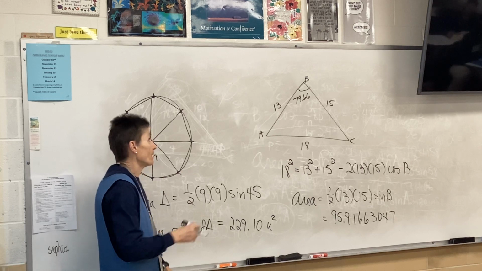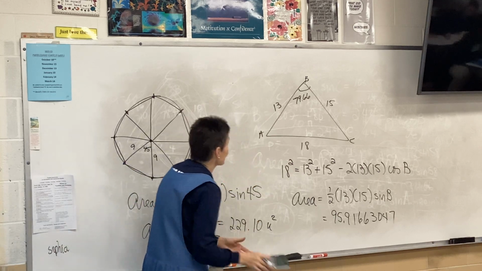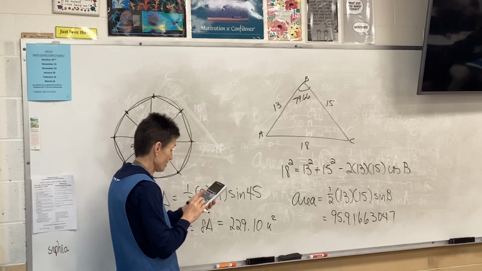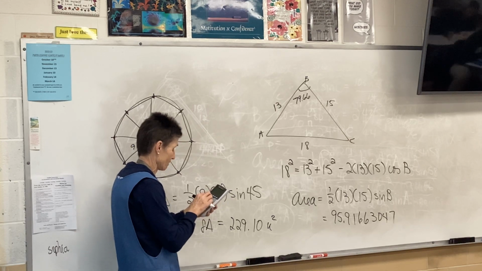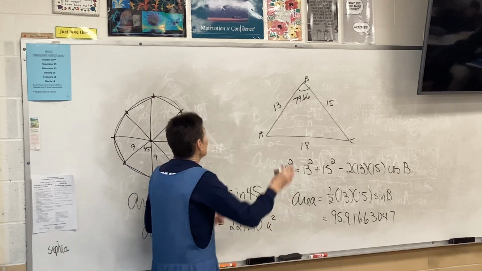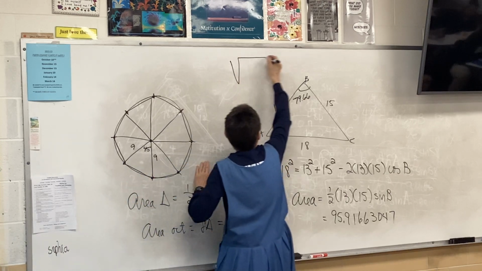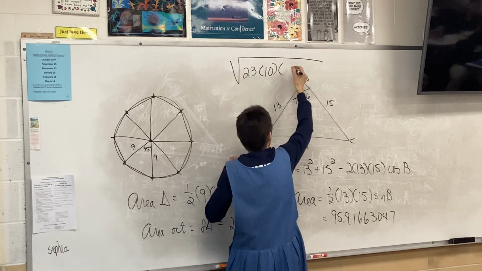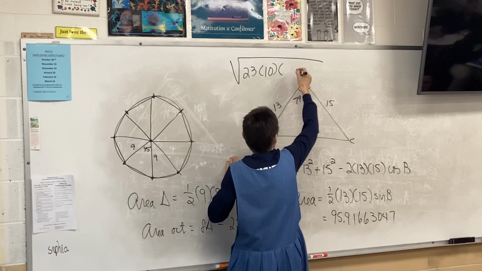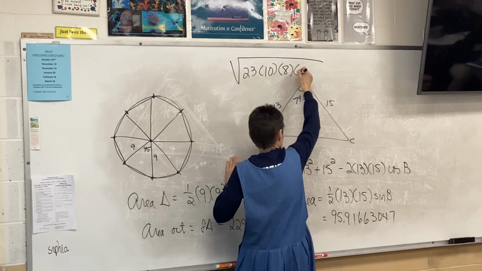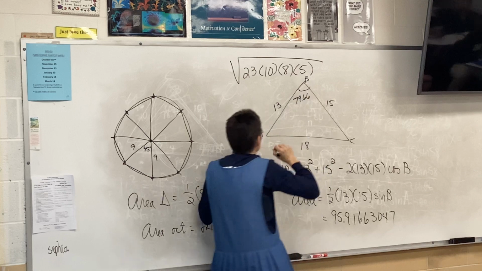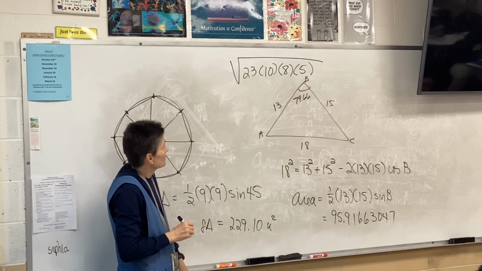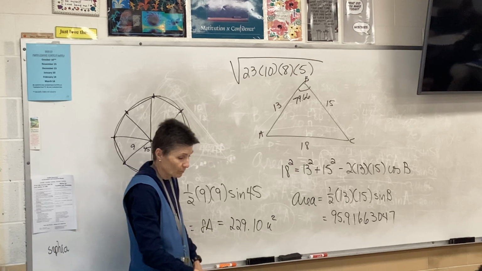Included angle means the angle between the sides. Okay? All right, now, hang on to your hats. Prepare to be amazed. I want you to type this in on your calculator. I want you to multiply those 4 random numbers together and take the square root of it.